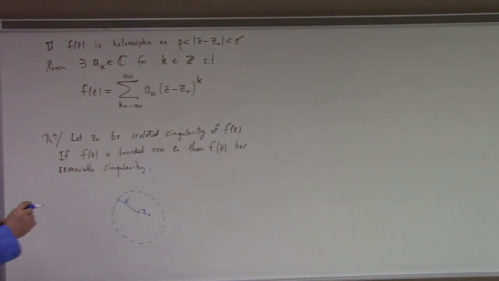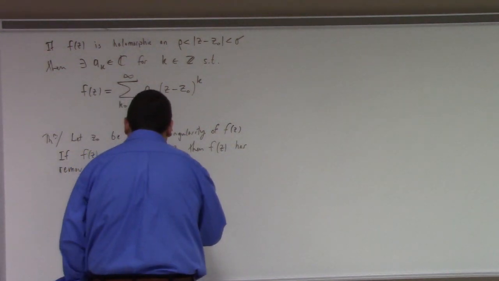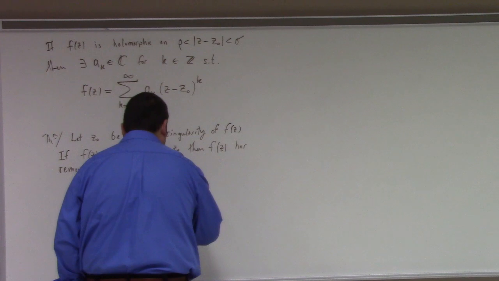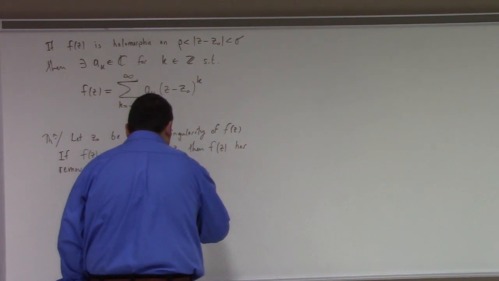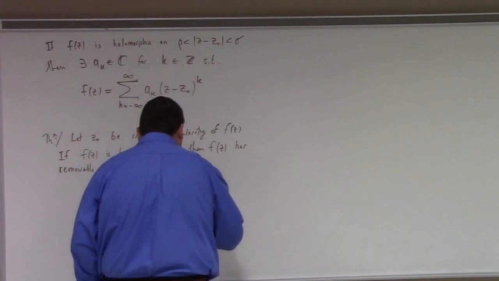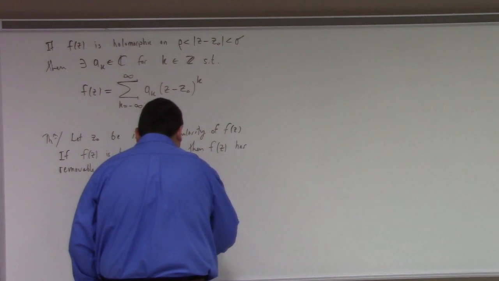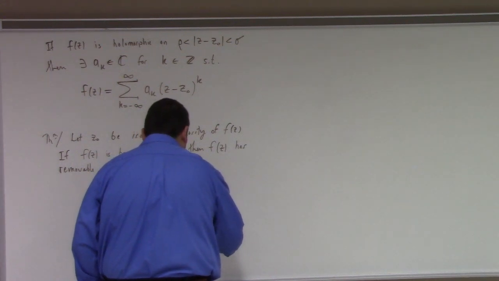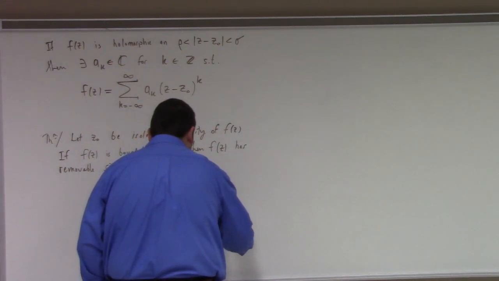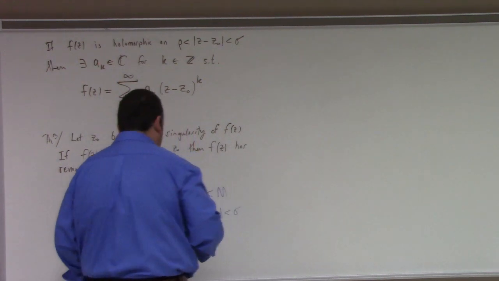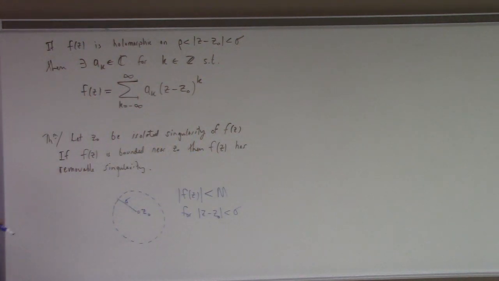And more than that, we have what? We're given that the modulus of f of z is less than M for modulus of z minus z naught less than sigma, let's say. So let's choose sigma to be close enough that it's bounded, all right? If it wasn't already, you could make the thing smaller so that it would be bounded, because we're given that f is bounded. Of course, that means that the modulus of f is bounded.